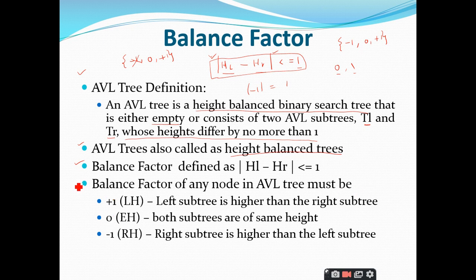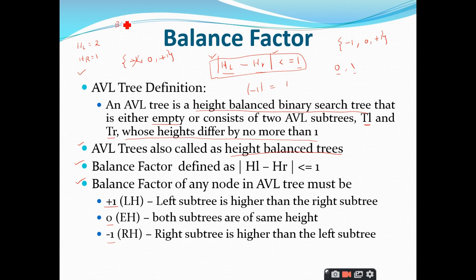Clear, yes sir. Right. So this is what he is discussing in this particular point. The balance factor of any node in the AVL tree must be +1, 0 or -1. So when do we get +1? If the height of the left subtree is greater than the height of the right subtree. For example, if I take the height of the left subtree as 2 and the right subtree height as 1, what is the balance factor?